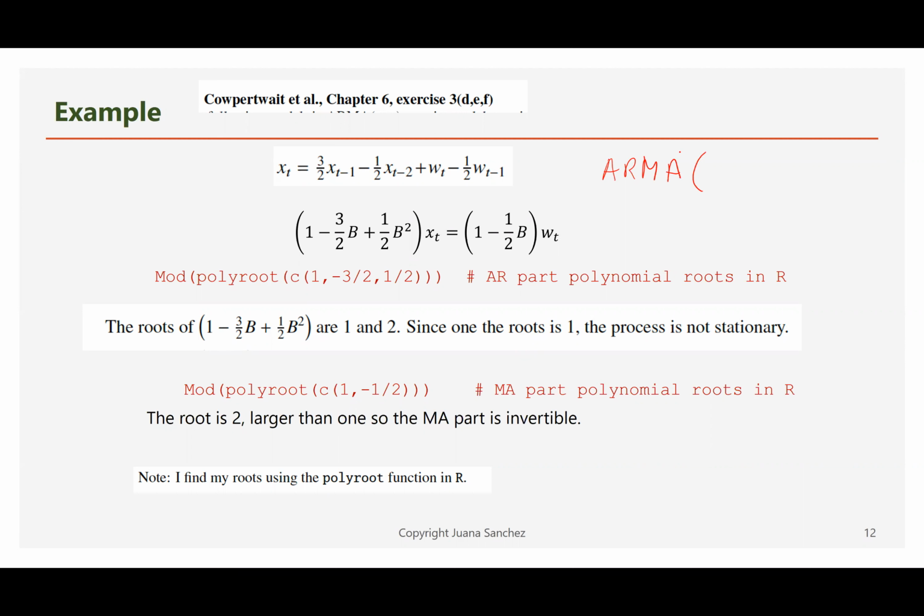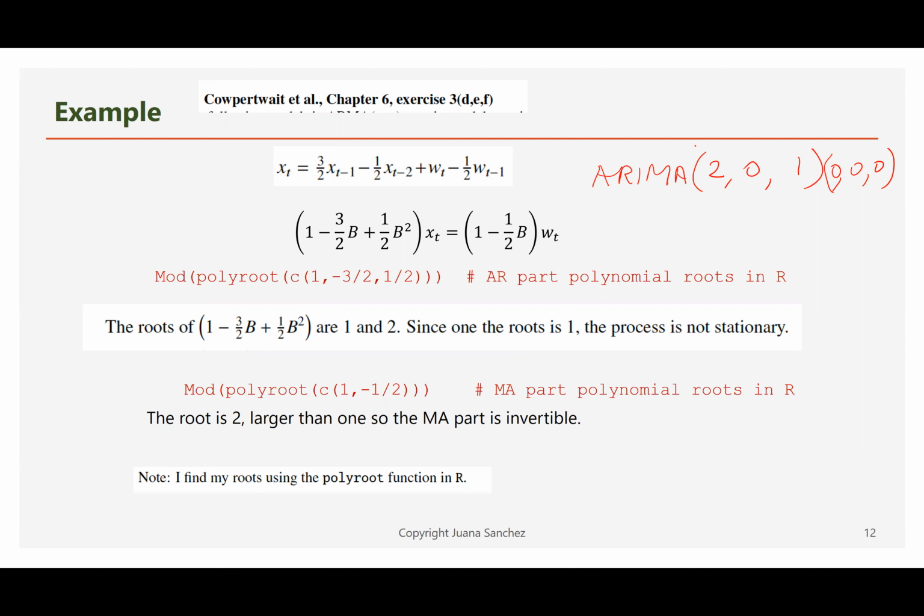So this is ARMA with an AR part of order 2, no differencing, and an MA part of order 1. There is no seasonal part, so this is ARIMA(2,0,1) and (0,0,0) in the ARIMA notation.